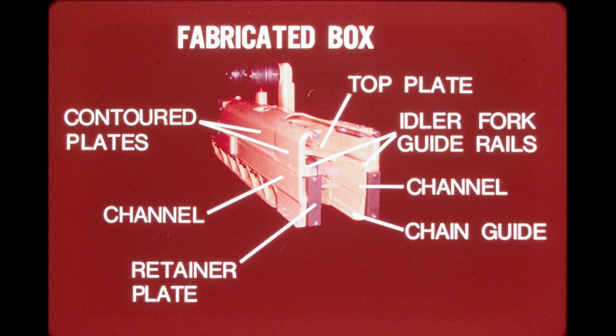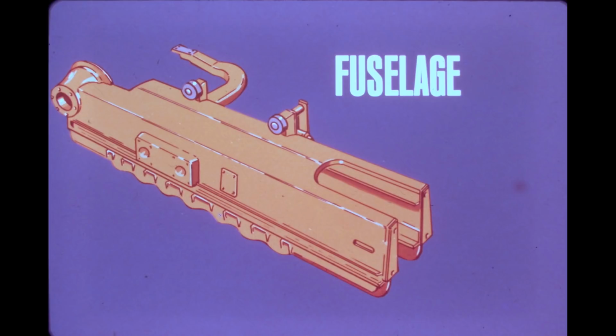The chain guides, which are blocks of steel welded on either side of the frame, guide the chain between the front idler and rollers. The fabricated box frame is used on all International crawlers and loaders except the 25B and 25C. The TD25B and C use the fuselage-type track frame.